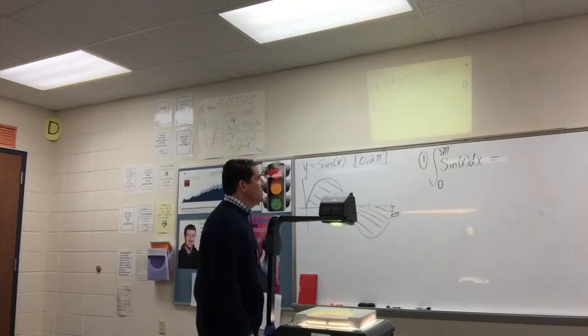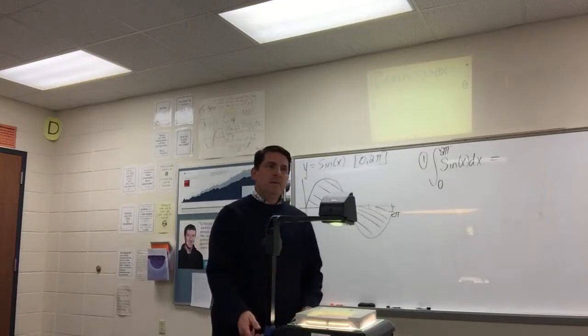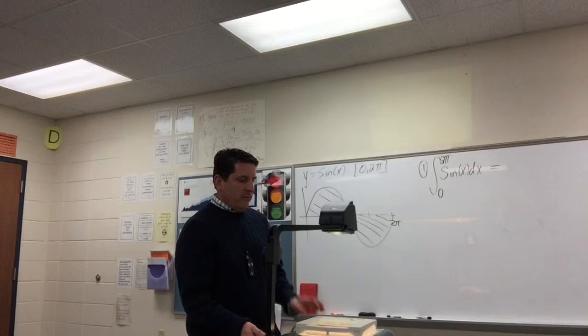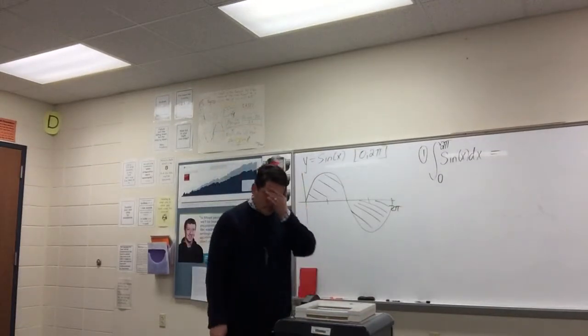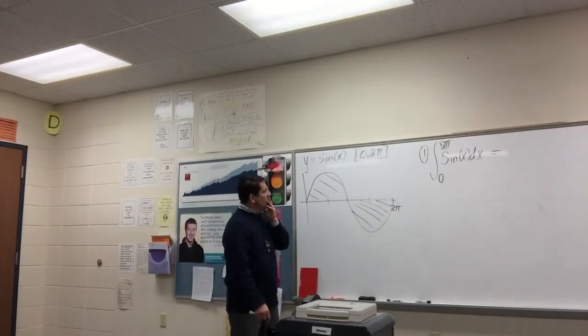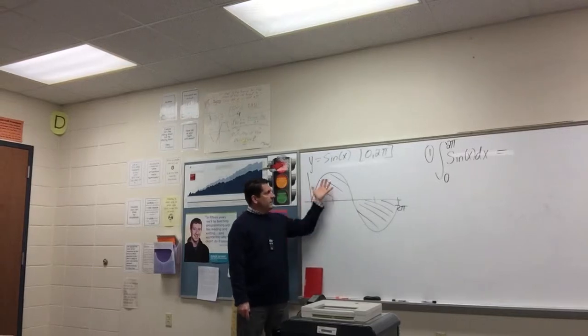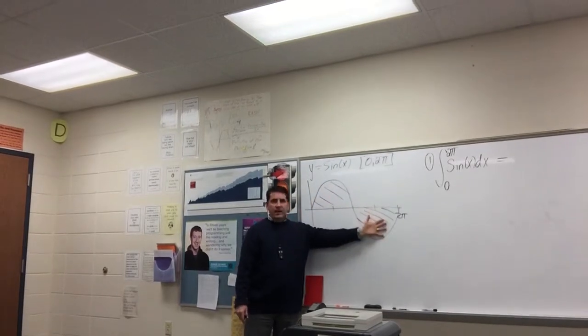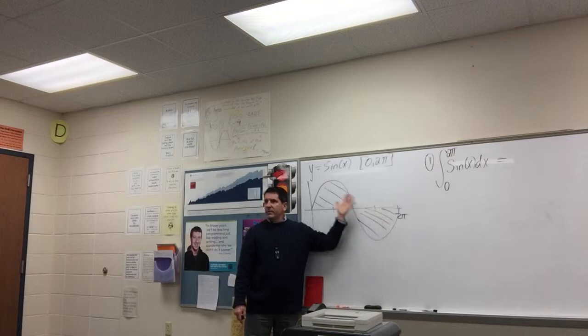Wait a second. So if I want to use this for area, it gave me 0. Well, wait a second. This is symmetrical, so this has the same area as this, right? But this one, according to the integral, is positive, and this one's negative. Here's the deal.